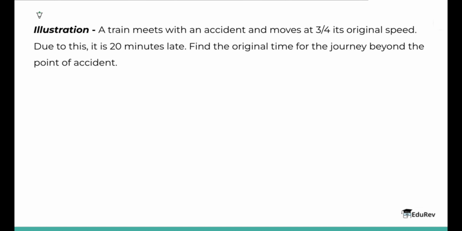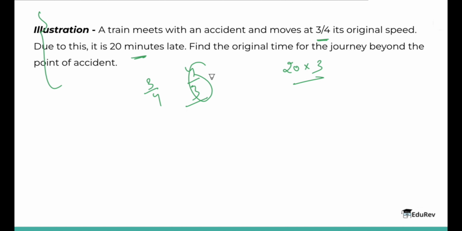The question says, a train meets with an accident and moves at 3/4 its original speed. Due to this, it's 20 minutes late. Find the original time for the journey beyond the point of accident. So the speed is 3/4. Time becomes 4/3. Now 4/3 of the original time, but the time that is given is 20 minutes.